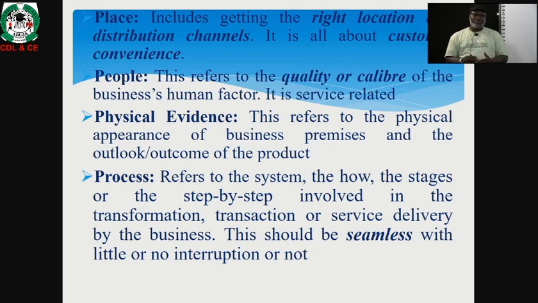The essence of the process is there should be less or little or no interruption. It should be seamless. It should be a process that when a customer comes in, he or she enjoys seamless and uninterrupted service that will wow him, and then he or she will want to come back again.